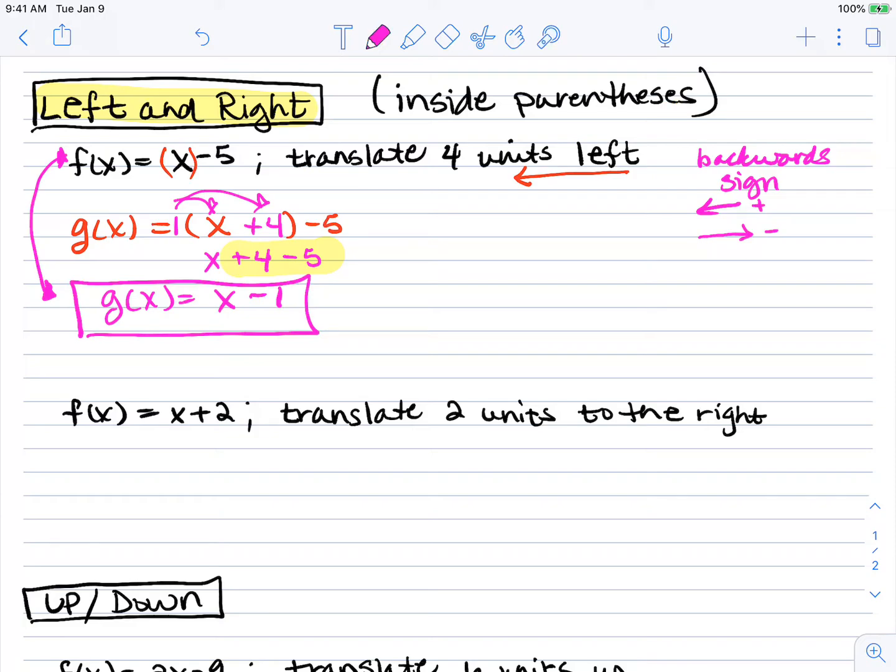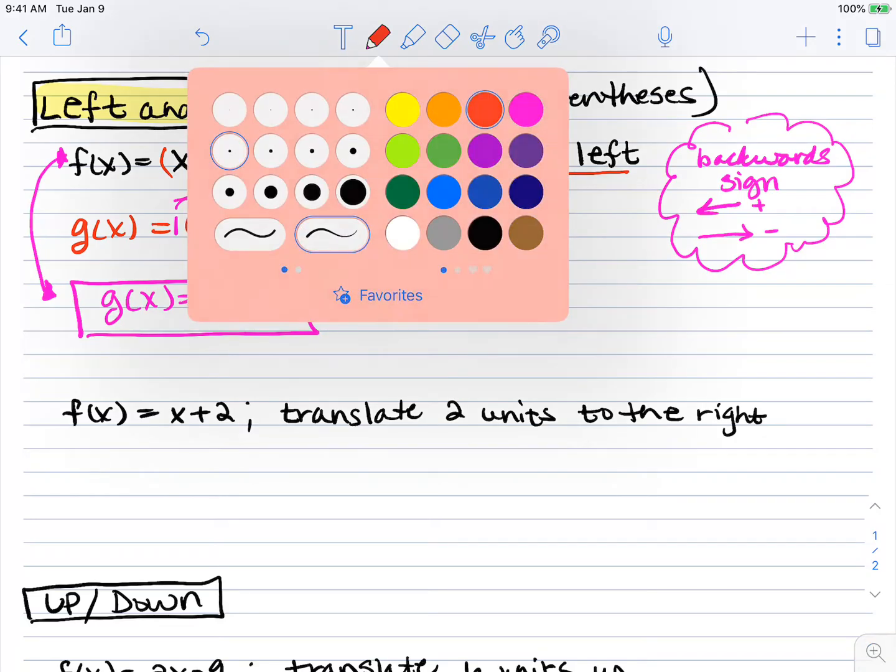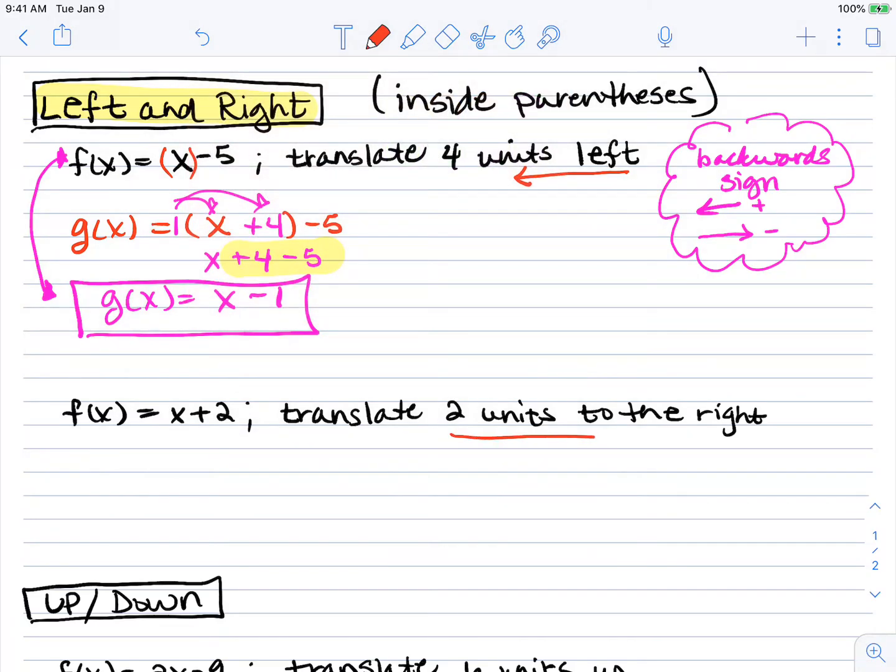And I'm going to say, well, we know that these are backwards from the direction that we're going on the x-axis. So if I have 2 to the right, that's telling me I'm going 2 units this way. And that would give me this one right here, and that makes it a minus sign.